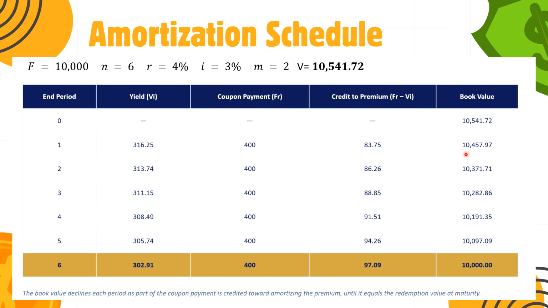This repeats every period. The yield portion gets smaller and the credit to premium portion gets larger, and the book value keeps declining.